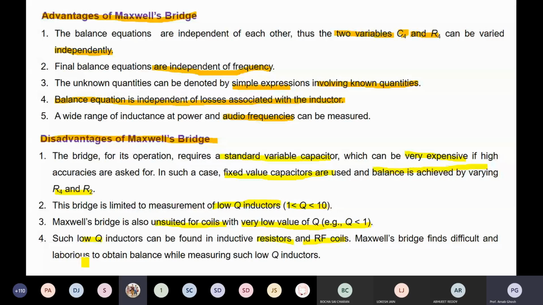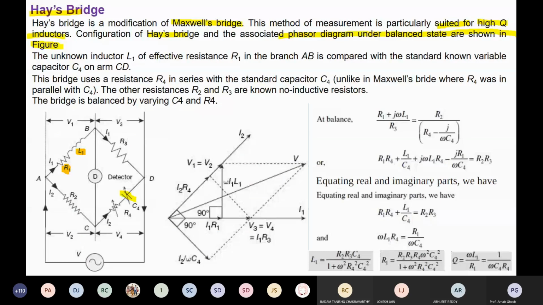Is the slide not changed? Is it visible right now?